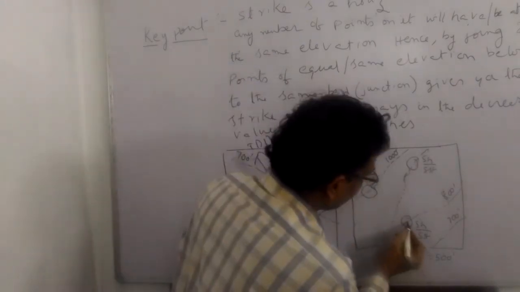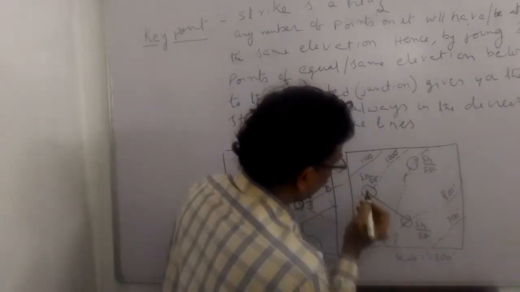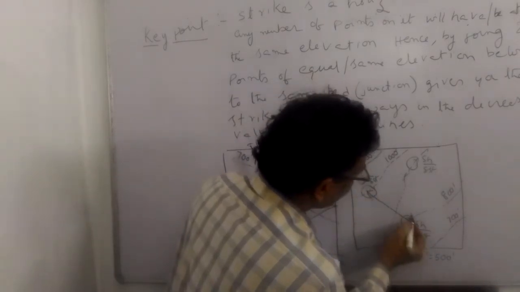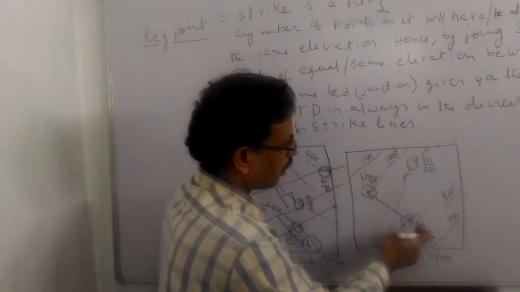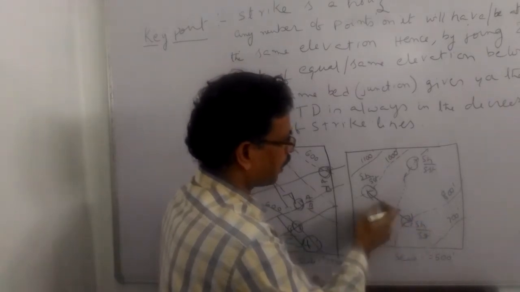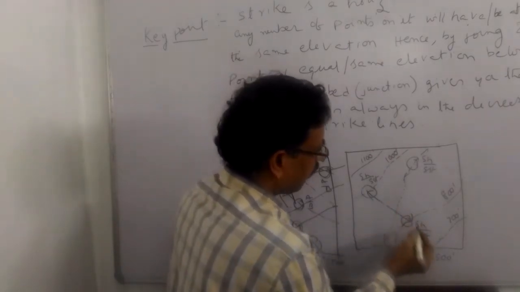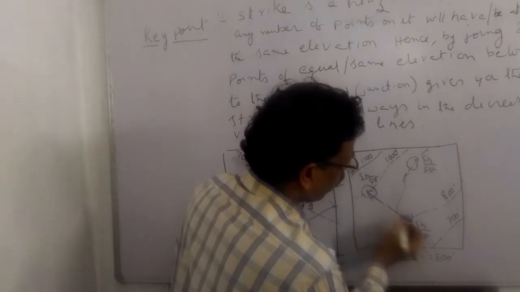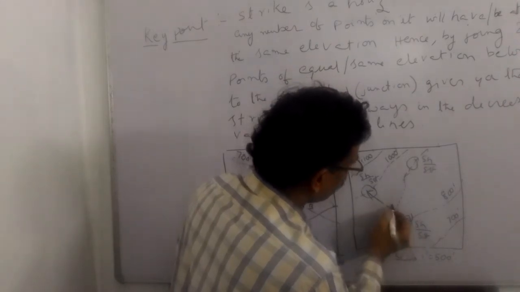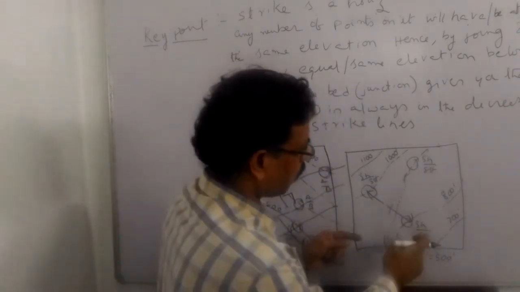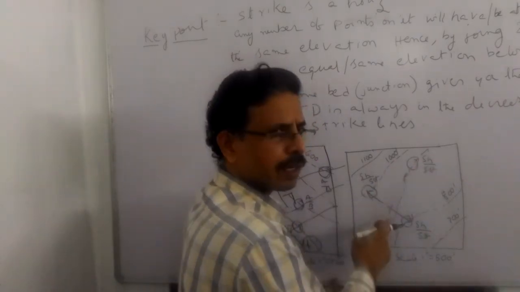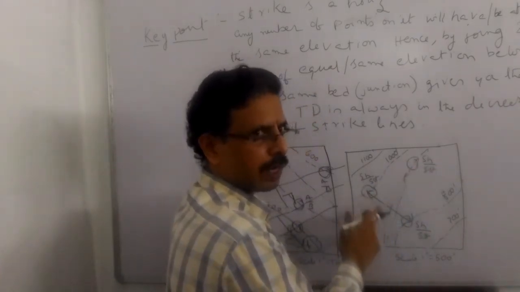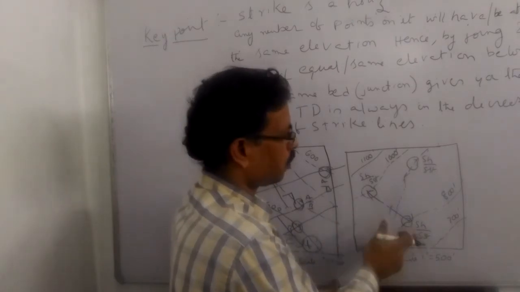So this is the 800 point, this is the 1000 point. When I am going in this direction, definitely there will be a 900 point in between these two. Am I right? When you are going from 800 to 1000, definitely there will be a 900 point in between these two.